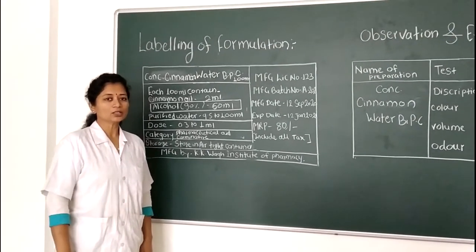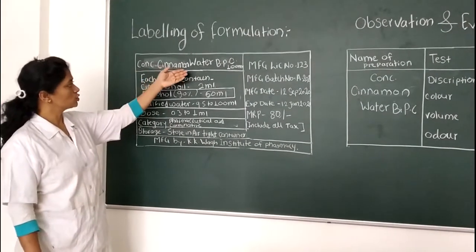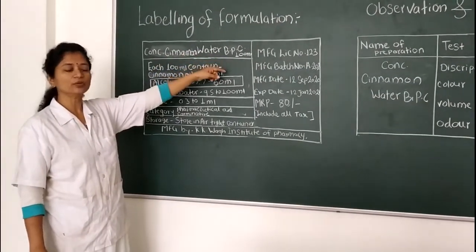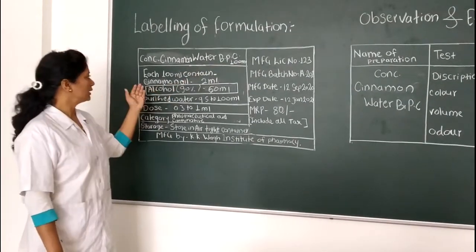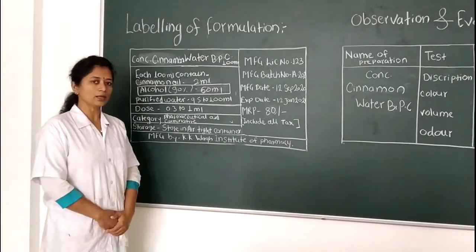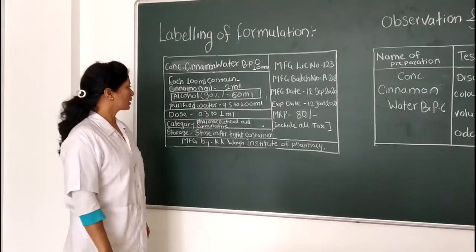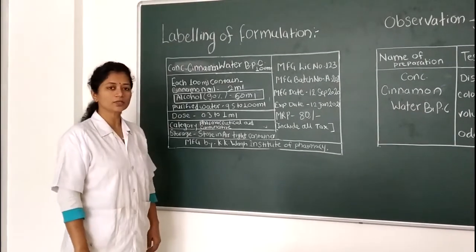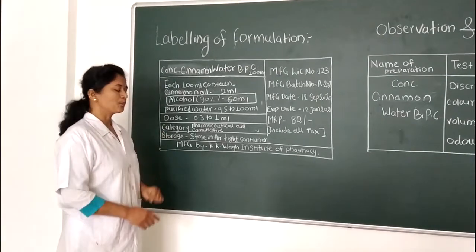The labeling should contain the name of your preparation, that is concentrated cinnamon water BPC, and the quantity, the volume, is 100 ml. Then each 100 ml consists of cinnamon oil 2 ml, alcohol 90%, which is 60 ml, purified talc.